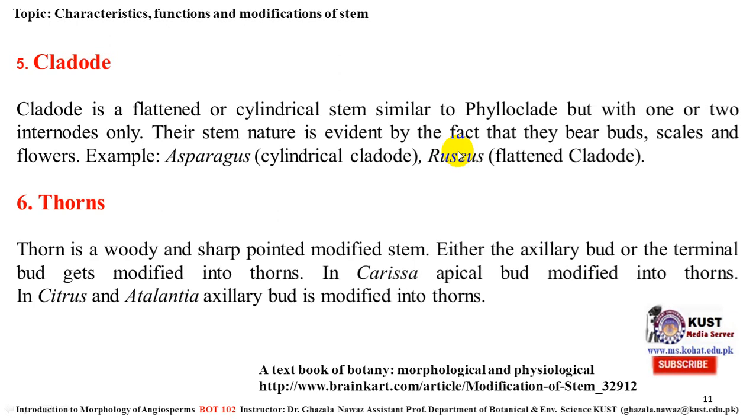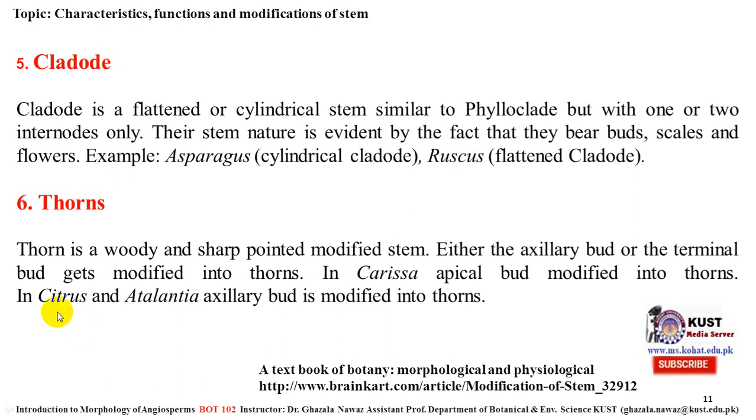Next are the thorns. As the name indicates, these are woody structures. They are very sharp and pointed, and are modified forms of the stem. Either the axillary bud or the terminal bud gets modified into thorns. For example, in Carissa, the apical bud is modified into thorns.